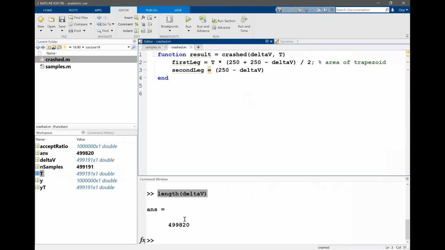So let's just square that and divide by 0.01, divide by 2. All right. So result is going to be whether first leg plus second leg are greater than 10 kilometers or not. If it's greater, then we would be crashing into the asteroid.